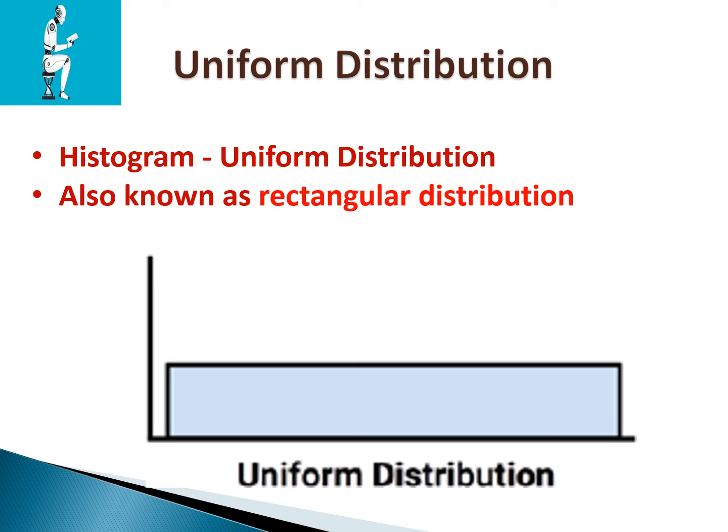If you plot the probability versus the outcome of throwing a die, we have the x-axis with values 1, 2, 3, 4, 5, 6, and the y-axis with the probability values. All of them have the same probability, equal to 1/6. So we get a plot like this, which can be viewed in the format of a rectangle. So this uniform distribution is also known as rectangular distribution.